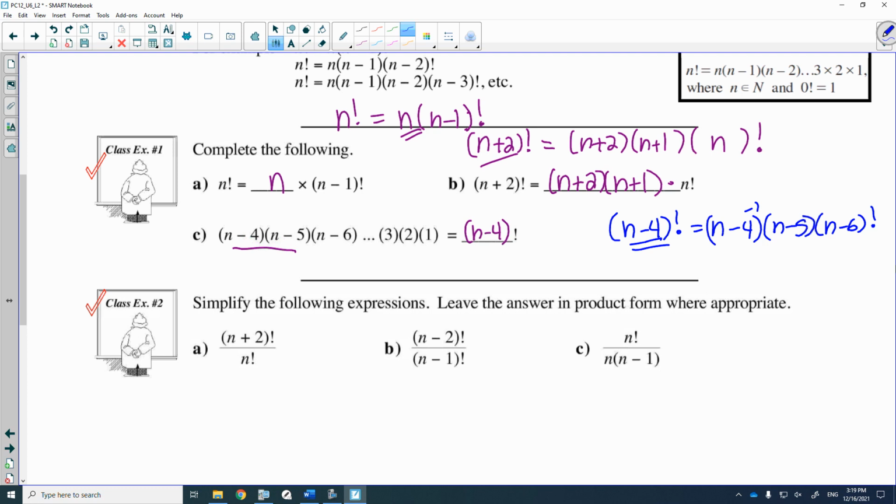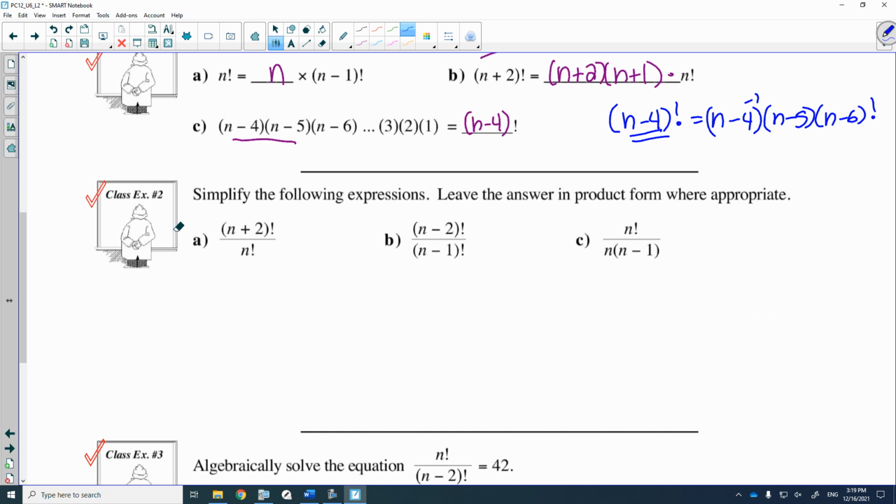Okay, so how are we going to apply this? We're going to apply it with questions at class examples 2 and 3. It says simplify the following expressions, leave the answer in product form where appropriate. This is going to be the unzipping, and we're going to unzip and try to cancel.